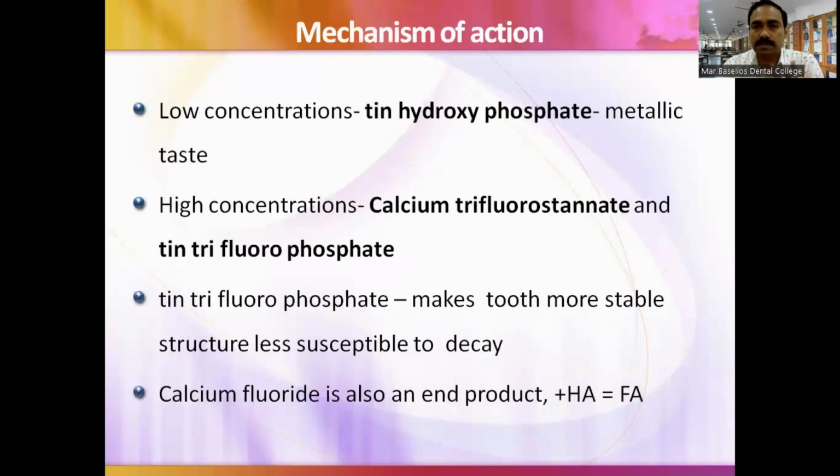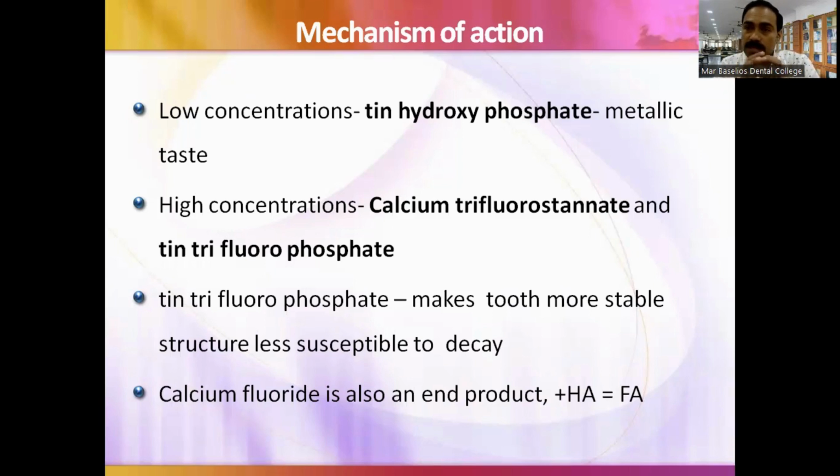And the mechanism of action: under low concentration, tin hydroxyphosphate is formed, and this tin hydroxyphosphate is the one which gives the metallic taste to the solution, which is one of the disadvantages. That is because of the formation of this tin hydroxyphosphate at the low concentration. Whereas in high concentrations, you will get calcium trifluorostannate and even tin trifluorophosphate.